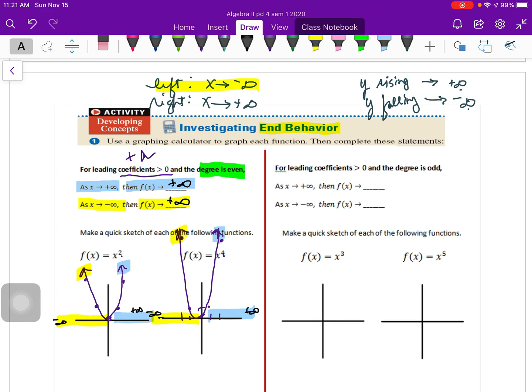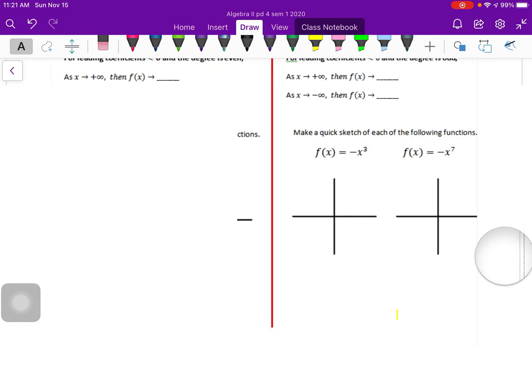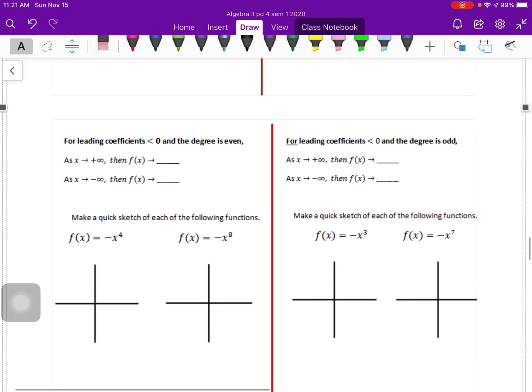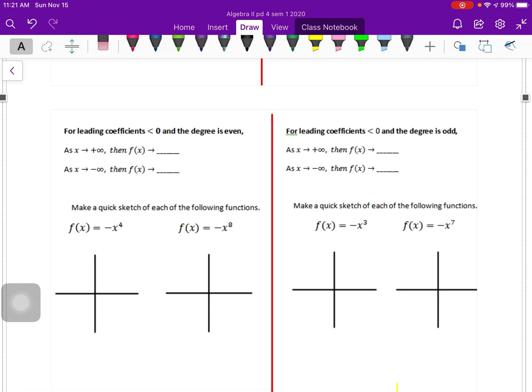Okay, let's look at the same degree, even, but let's look at a negative a. So notice I have negative x to the fourth and negative x to the eighth. Both of those are even.